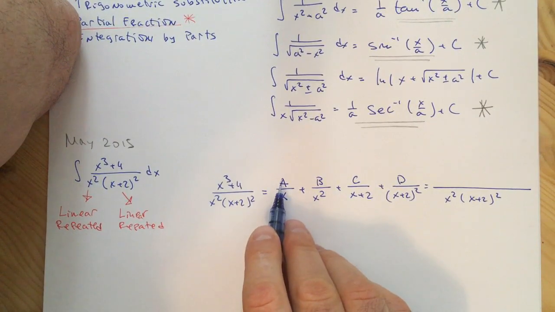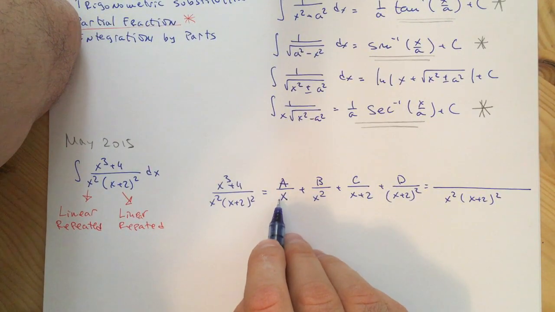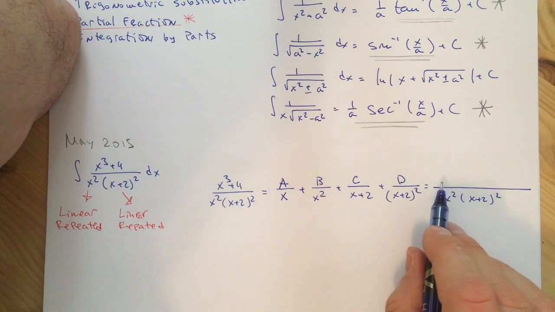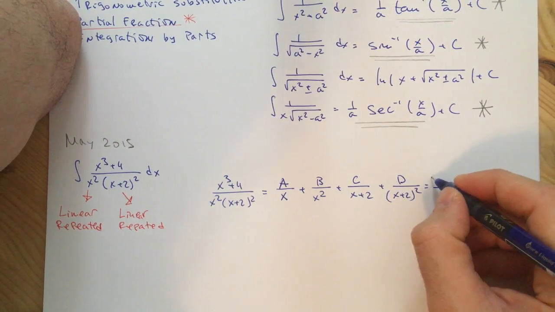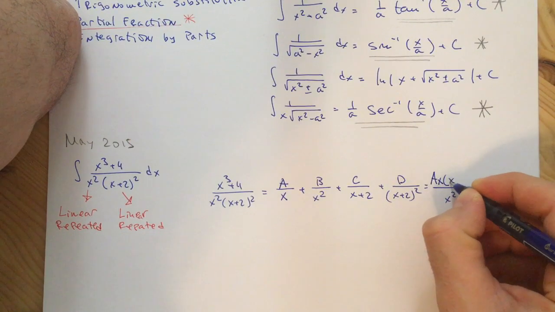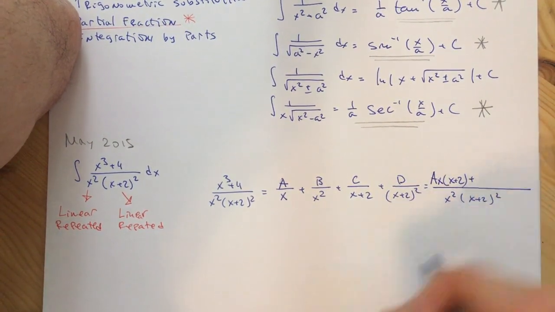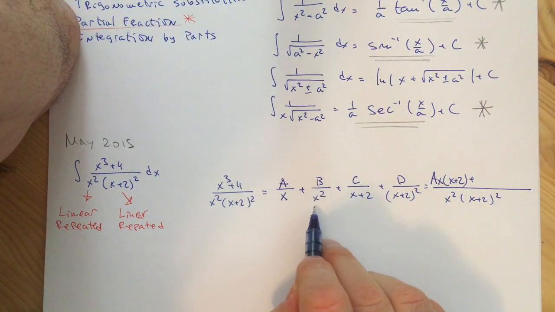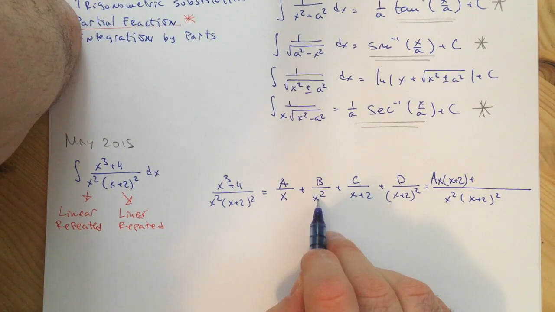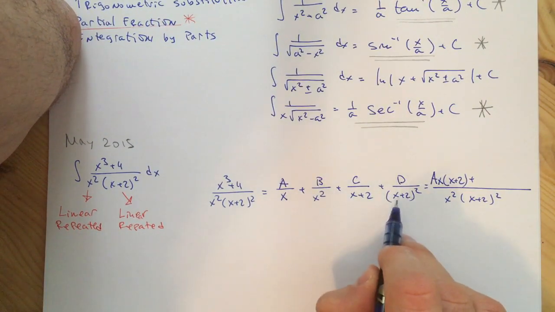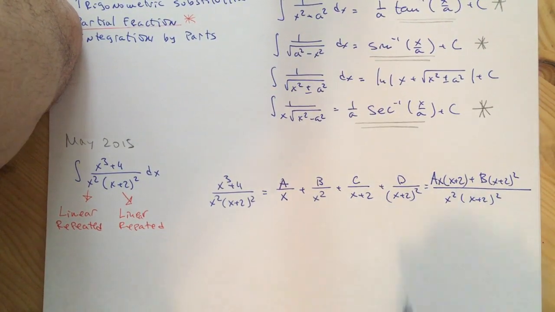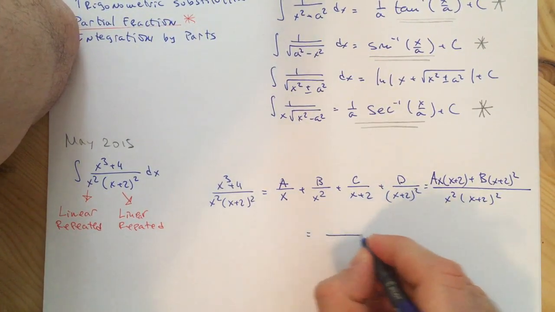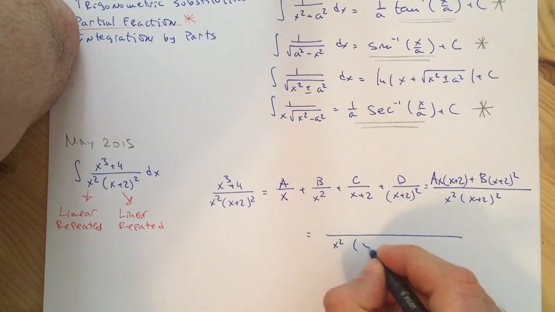So it's a over x, and I want to express it as a expression over x squared times x plus 2 squared. That means I have to multiply a by x times x plus 2, plus b is already divided by x squared, so you just have to multiply it by x plus 2 squared, and obviously here I don't have enough space, so I'll write it here.